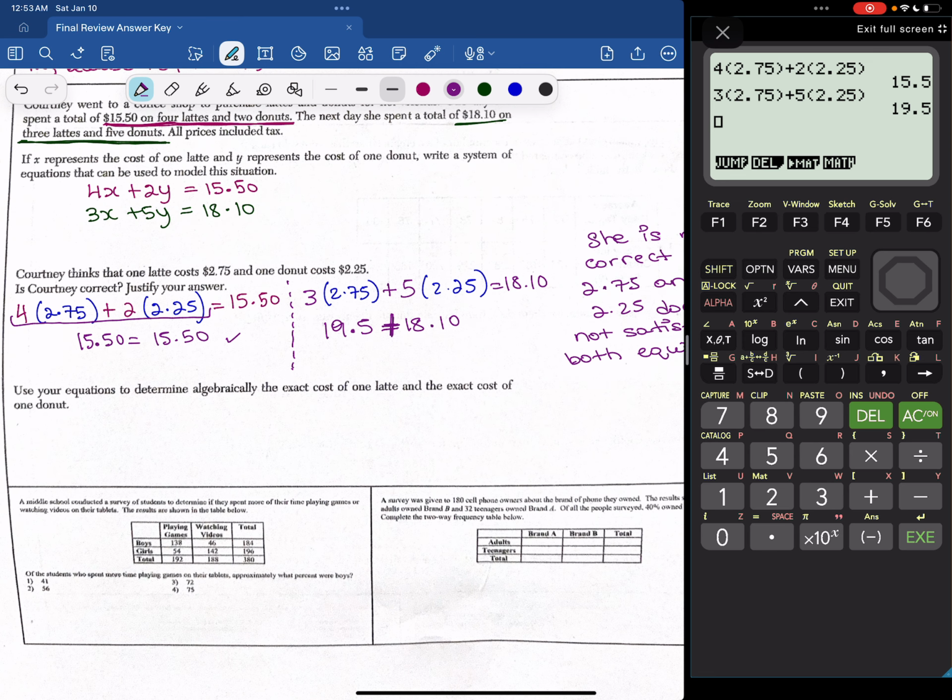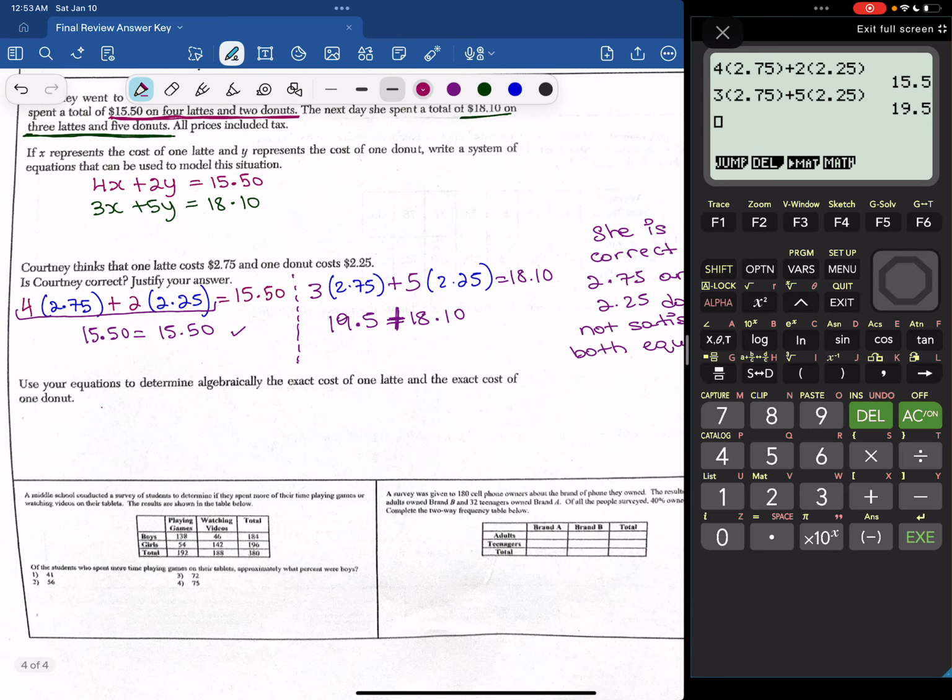So we would first rewrite our two equations, 4x plus 2y is equal to 15.50, and 3x plus 5y is equal to 18.10.